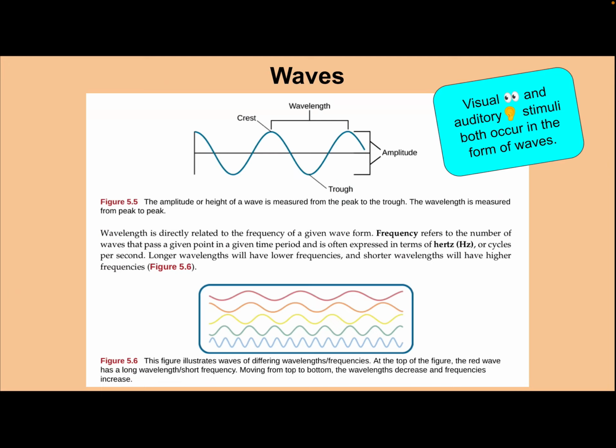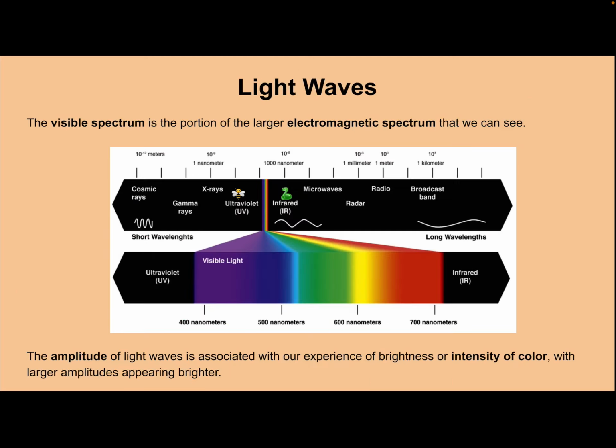Does that make sense? The shorter wavelengths have higher frequencies because they're happening very, very often, so there's not a lot of space between them, like the blue example in the picture. The red example, however, shows long wavelengths and small frequencies. All right, moving on.